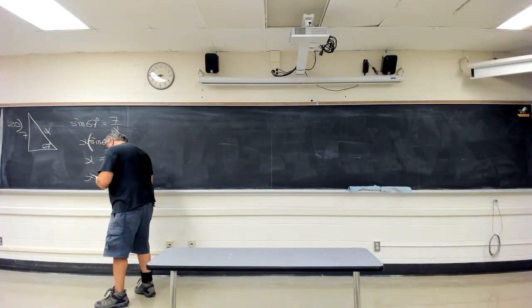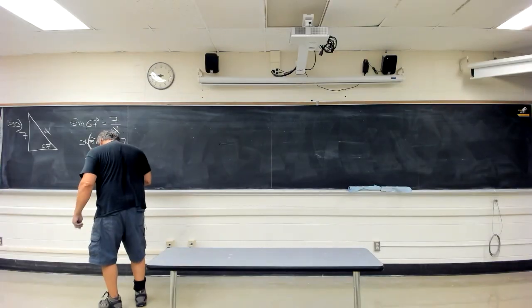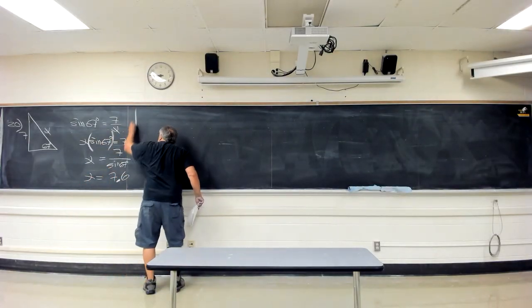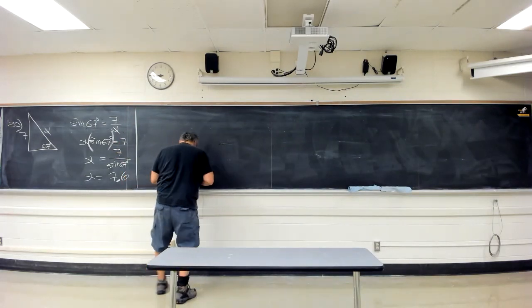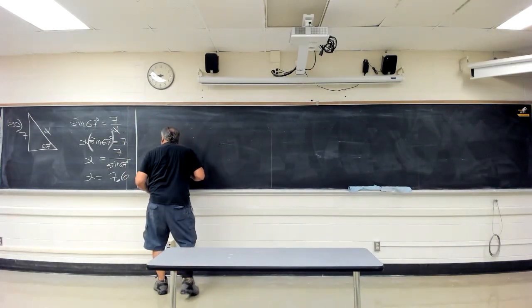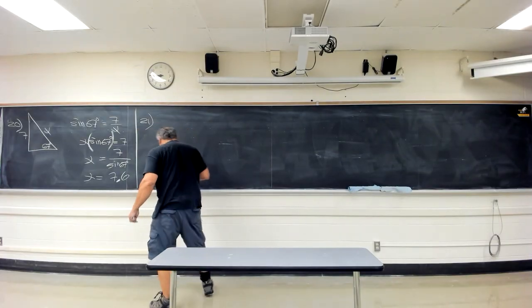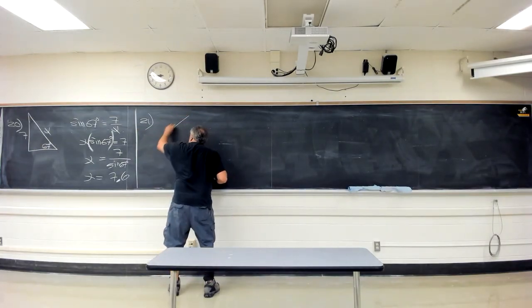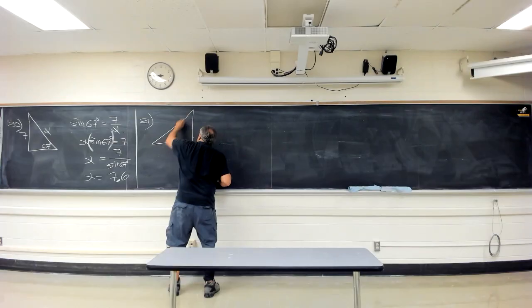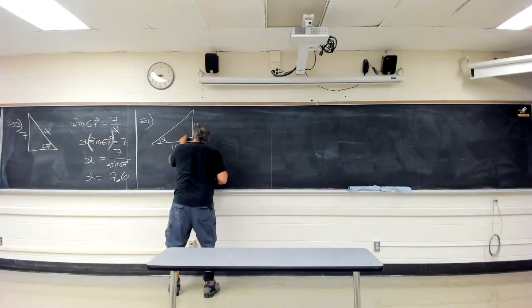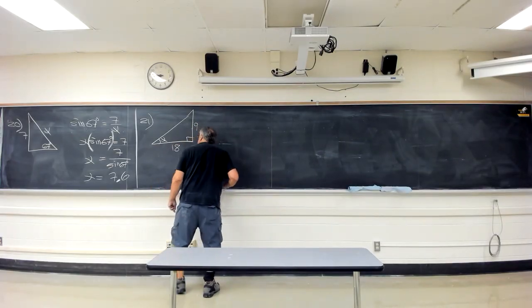All right, 21. Round your answer to the nearest tenth of a degree. For something like this, we're going to do the inverse sine, or inverse tangent. Looks like inverse tangent to me. So what we have here, you got x degrees, you got a 9 right here, you got an 18 right here, it's a 90-degree angle.